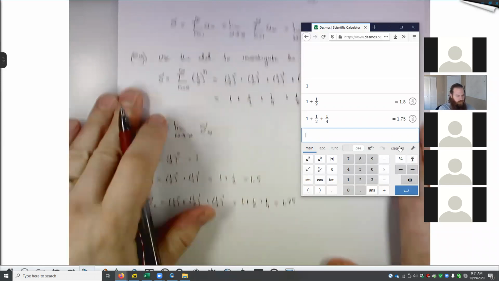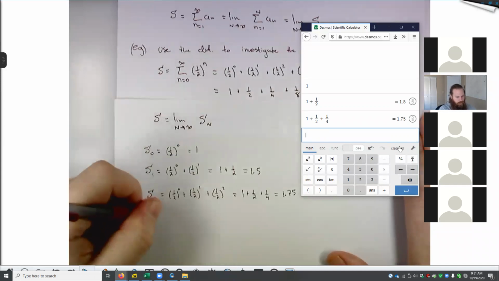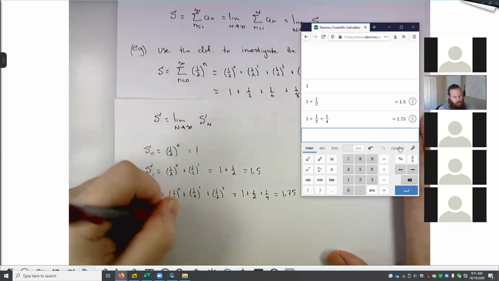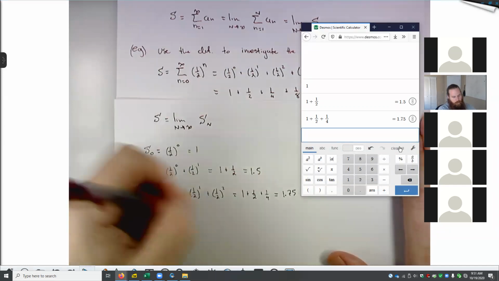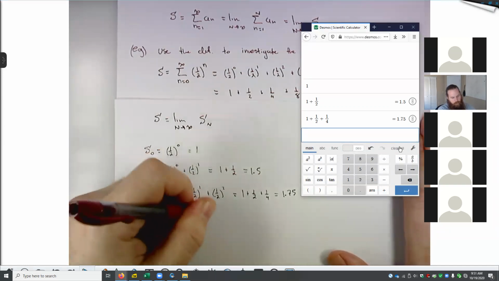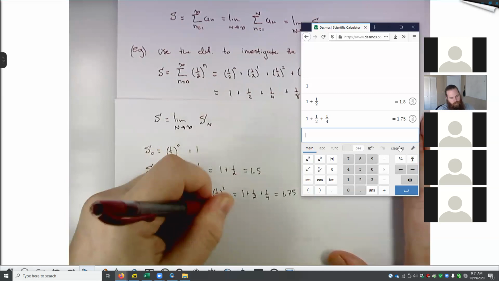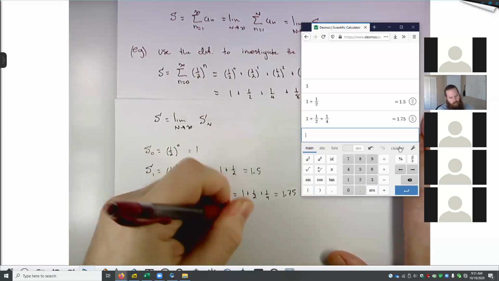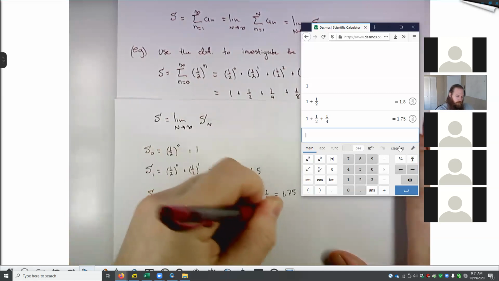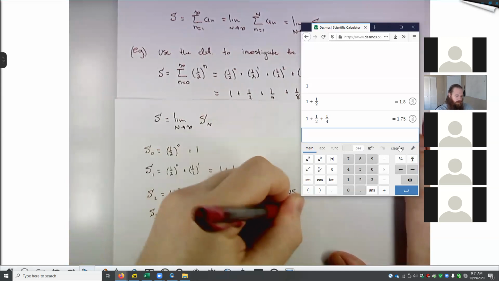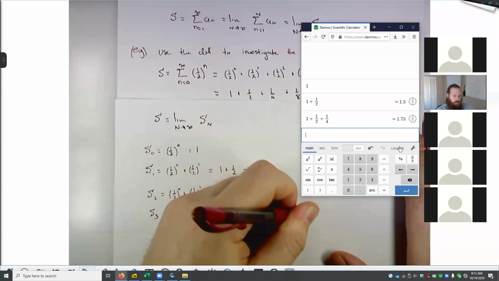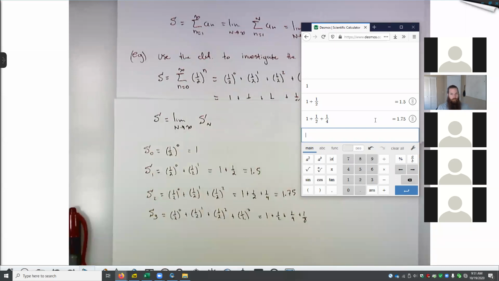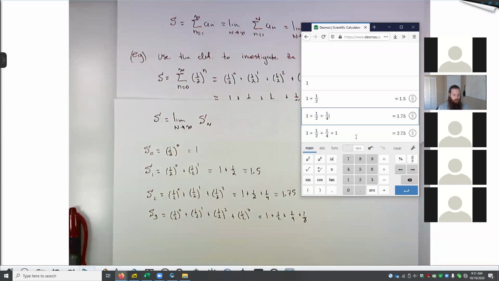The next partial sum, S3, is 1/2 to the 0 plus 1/2 to the 1 plus 1/2 to the 2 plus 1/2 to the 3, or 1 plus 1/2 plus 1/4 plus 1/8. So again, I'll come back to my calculator. 1 plus 1/2 plus 1/4 plus 1/8.